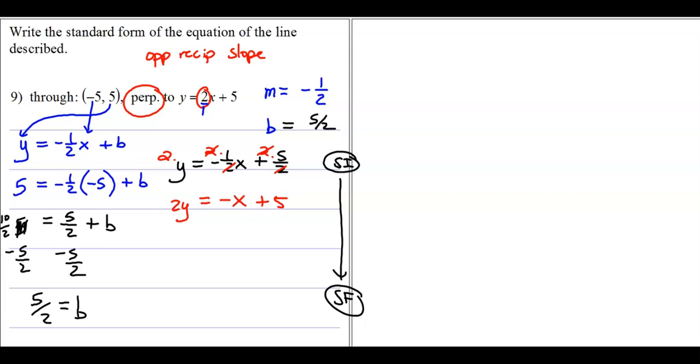And last move, get x on the proper side. Add x to both sides. X plus 2y is 5. There we go. A lot of algebra. Not a lot of geometry there, but a lot of algebra. But that's why you take algebra before you take everything else, because you're going to use it all the time. All right, we should be ready to wrap up this chapter in 3-7. See you.